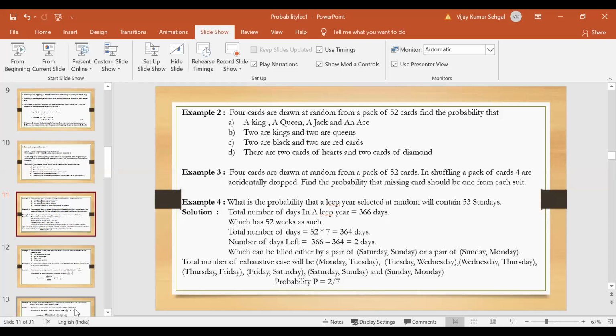Similarly, there are four aces, so we can draw 4C1. So multiply 4C1 into 4C1 into 4C1 into 4C1 divided by 52C4, which is the probability of getting a king, a queen, a jack and an ace.